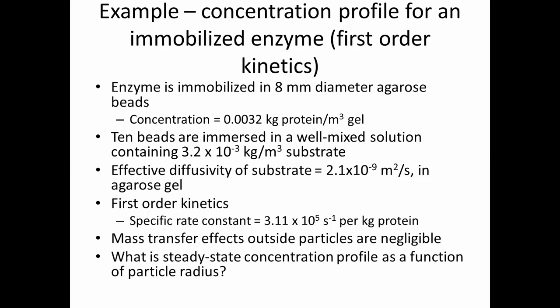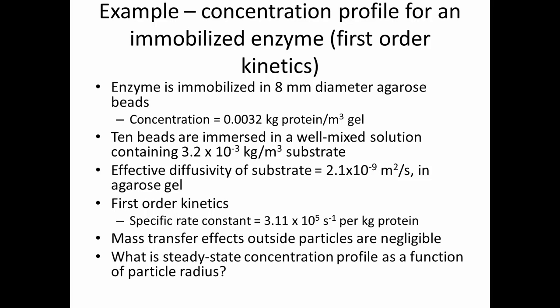So here's an example. We have a concentration profile for an immobilized enzyme, and the kinetics of this are first order. The enzyme is immobilized in 8 millimeter diameter agarose beads. The concentration of enzyme is 0.0032 kilogram protein per meter cubed gel. 10 beads are immersed in a well-mixed solution containing 3.2 times 10 to the negative third kilogram per meter cubed substrate.